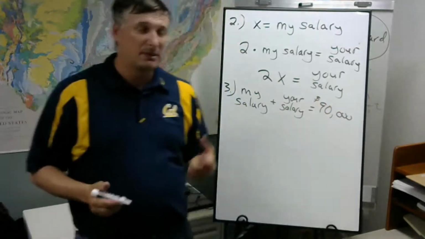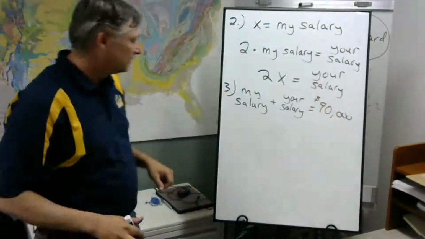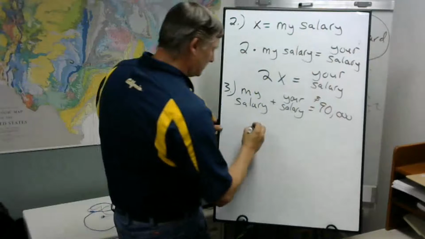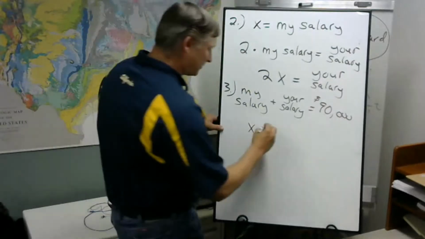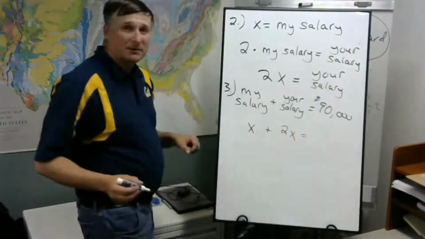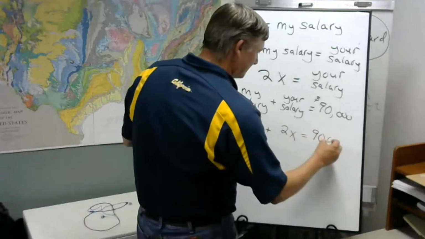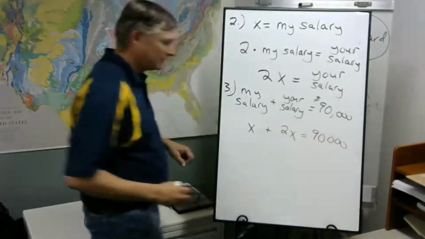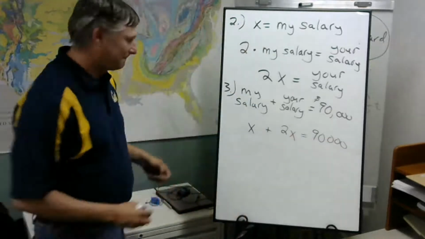So that's going to be the beginning of our equation. That's an overarching relationship. Now my salary is represented by X, your salary by 2X, and the sum is $90,000. So now we have our equation. Let's solve it.